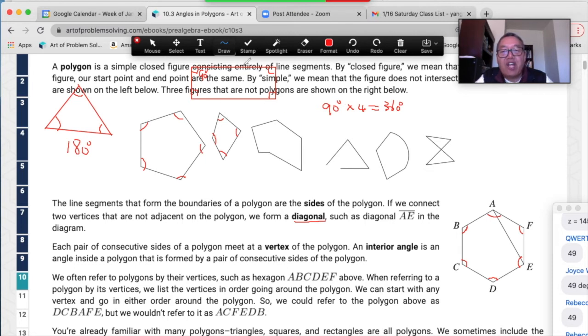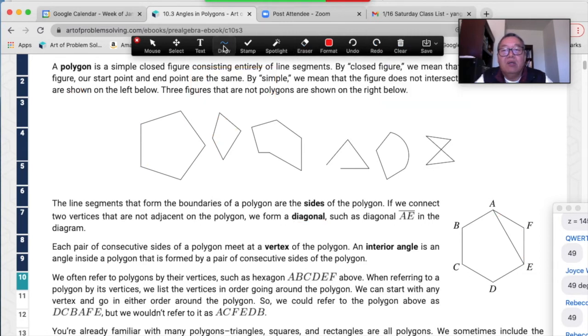Then for a general quadrilateral, it doesn't have to be a rectangle. We can connect these two points with a line. Then we get two triangles, right? We already know the sum of interior angles in a triangle always equals 180 degrees.